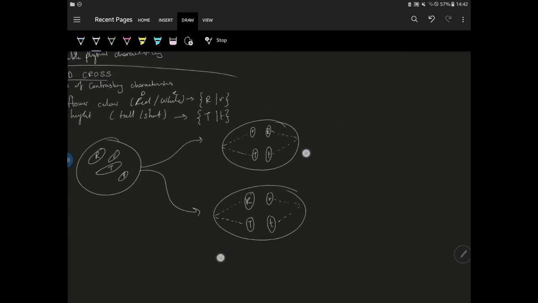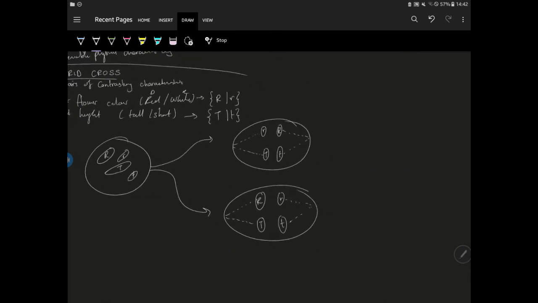Which means the cells that form from here are going to be two. This cell will have big R and big T, or it can have, sorry, big R and small t, or it can have small r and big T. From here we can look at the combinations.